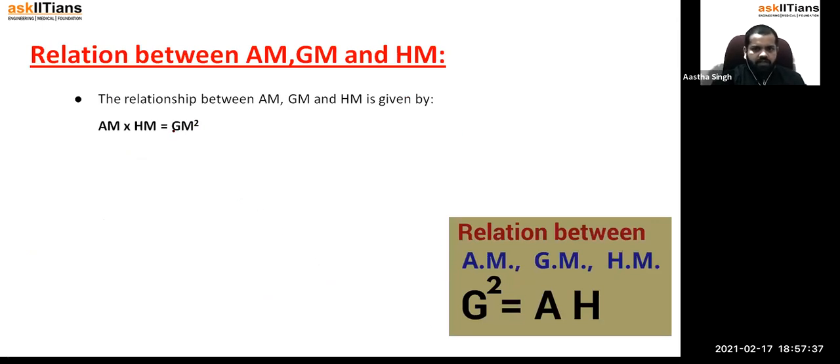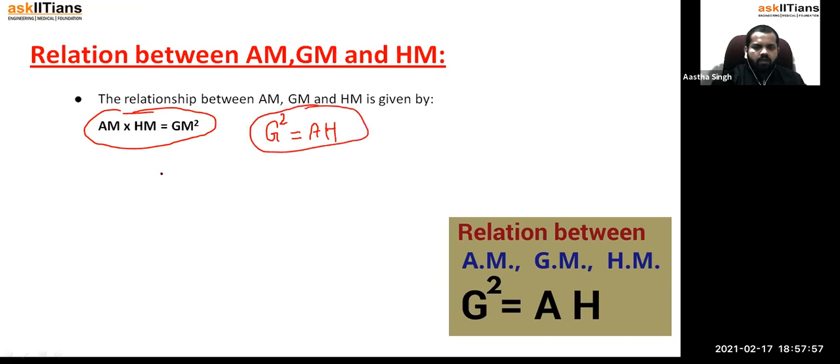We'll move next to the relationship between AM, GM, and HM, right? Here it is written that AM into HM is GM square, or just remember this as G square is equal to A into H. We'll now try to prove or justify this equation.